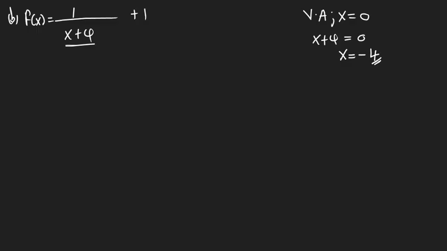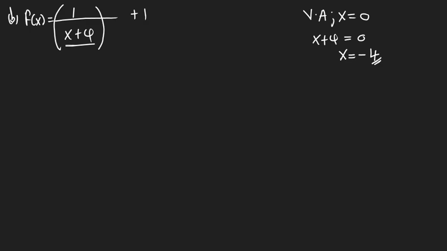For the horizontal asymptote, we know that this part here is equivalent to 0, because we have x down there and only a constant, 1, on top.